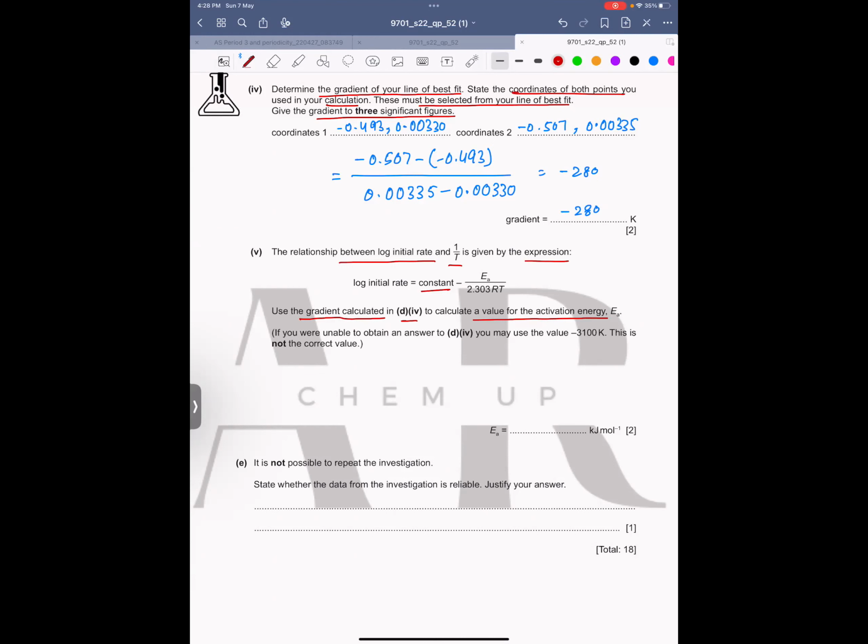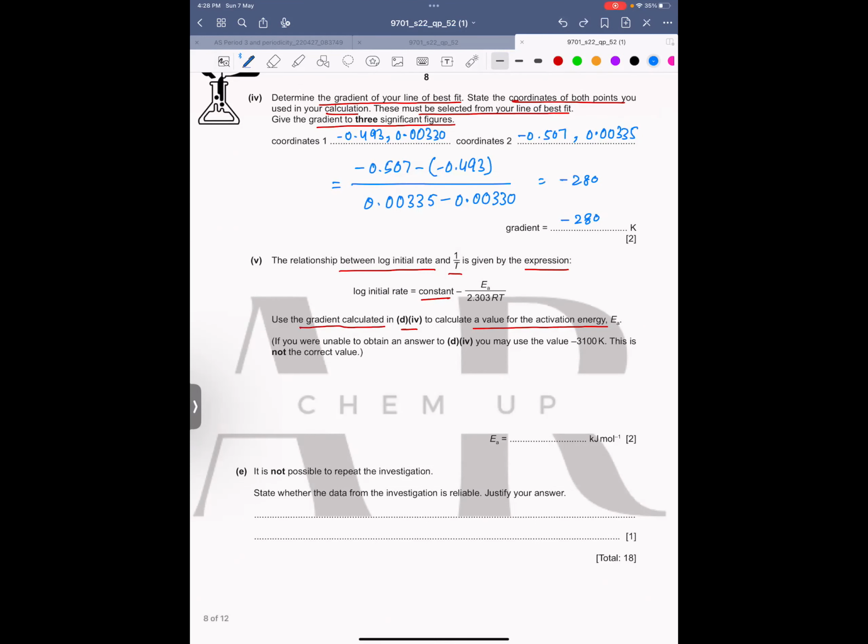So if you recall in the previous one that Ea over R is basically equal to gradient. Here we have this 2.303 as well. So Ea over 2.303 R is actually equal to gradient.